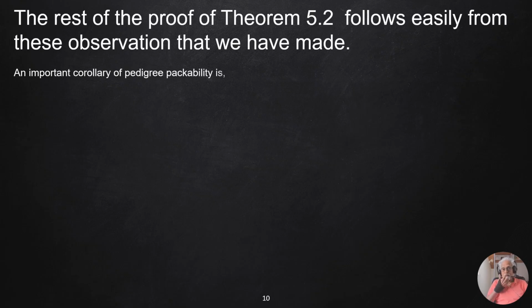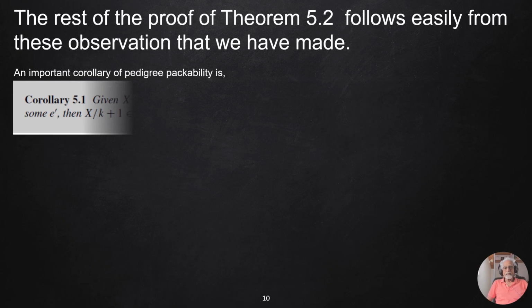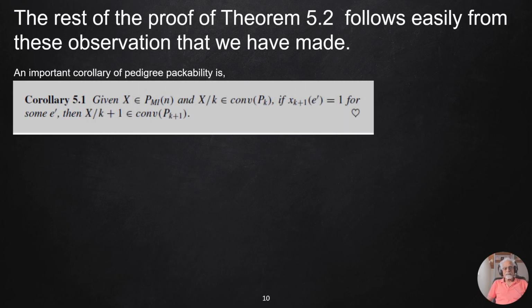One important corollary of this theorem, which is used later, is: given X belongs to P_MI and X given K belongs to convex P_K, if x_{k+1}(E prime) equals 1 for some E prime, then X given K plus 1 belongs to convex P_{K+1}.